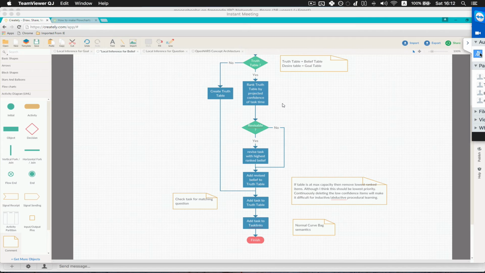So in fact, really, all we actually need to do here is find the highest ranked revisable belief. We don't need to do anything with the rest. So if we find one, actually, we still have to do all of them because the last one might be the highest one. Yeah, we still have to do all of them, but we only need to store the highest ranked one for this particular operation. We need to maintain a list of them somewhere.